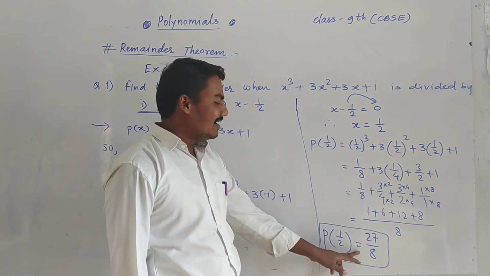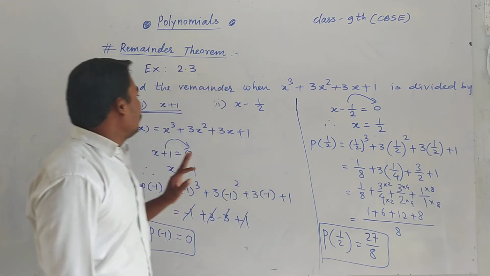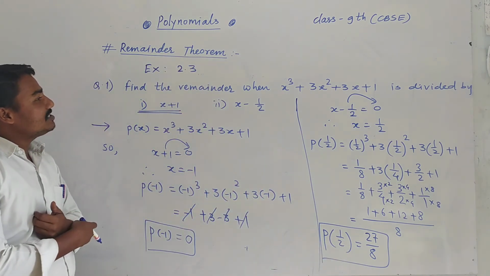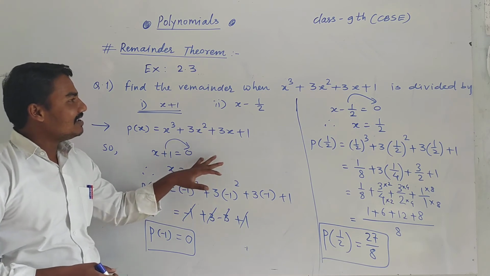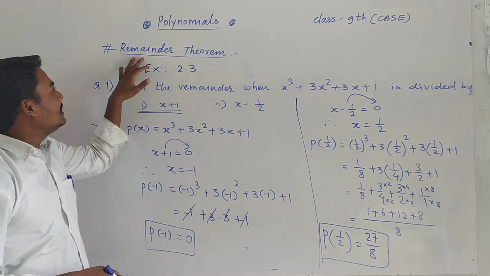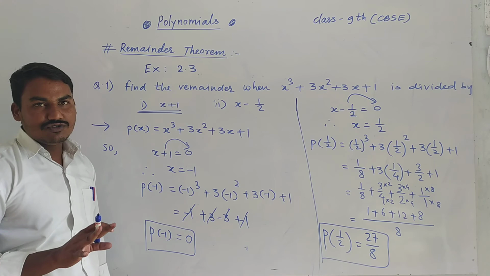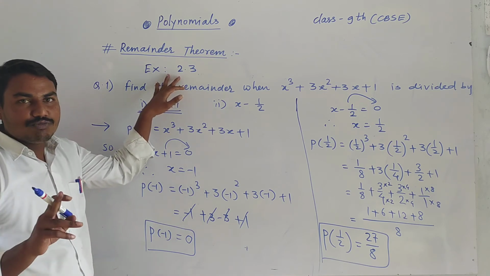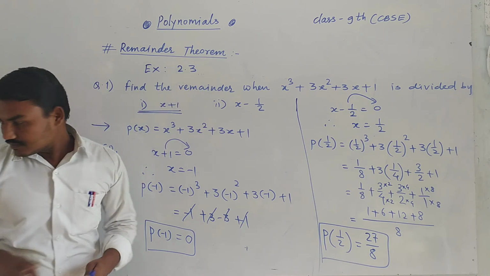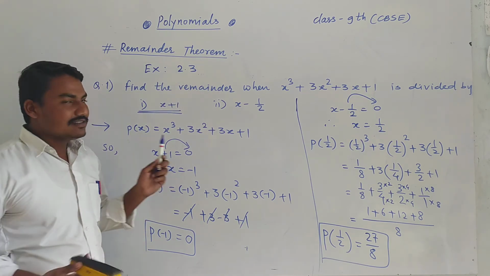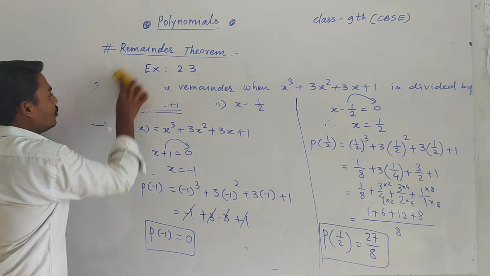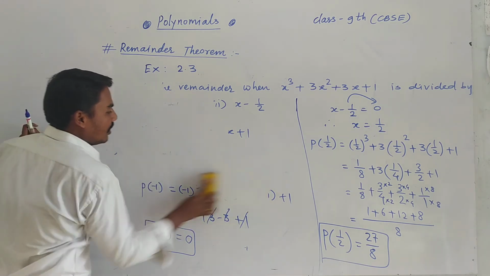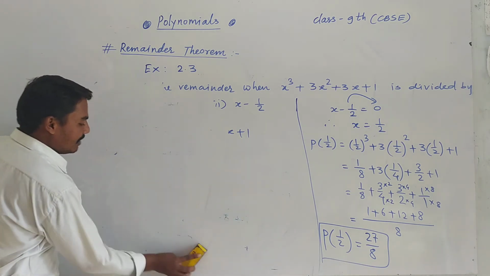It is our remainder. Such types of numericals are asked in the exam based on the remainder theorem. Understood? Like that, you have to solve the remaining examples of exercise 2.3. Next, I am going to solve some important examples here, and the remaining you have to solve. Very simple, the remainder theorem is there.